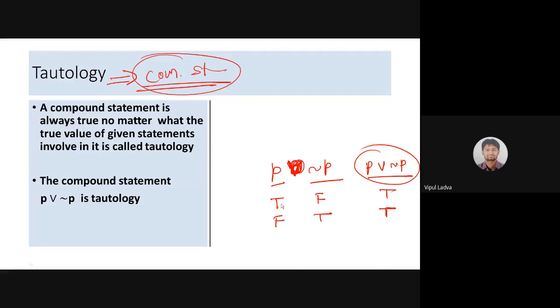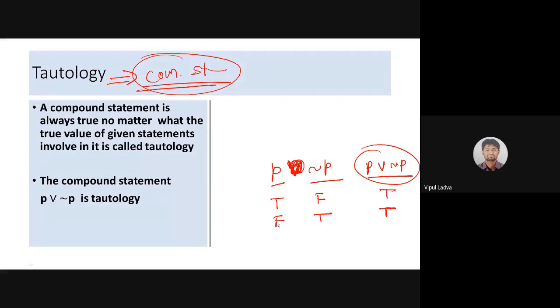Observe. If I'm dealing with a single statement P, तो दो ही possibility होगी, T and F, and I need to have its negation of P. If P is true, then negation of P will be false. अगर false, so true. Now, if we look for the disjunction of both of these, इन दोनों का disjunction देखिए, it is always true.